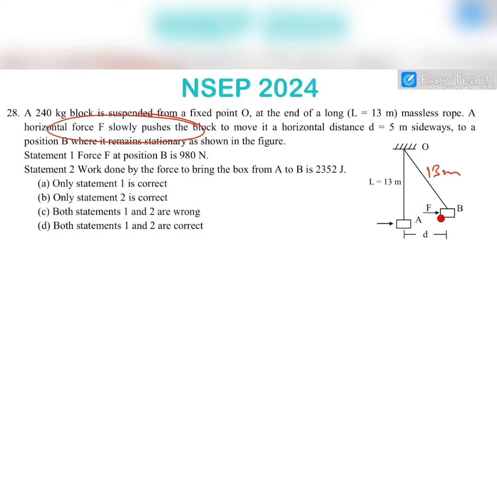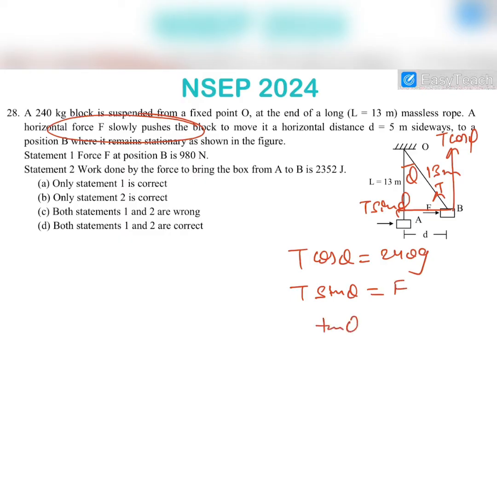Now the block remains stationary in this position, and we have to find the value of F. Let this angle be theta, and if the tension is T, then the components are T cos theta and T sin theta. T cos theta balances mg, which is 240g, and T sin theta is equal to F. So tan theta is equal to F upon 240g.